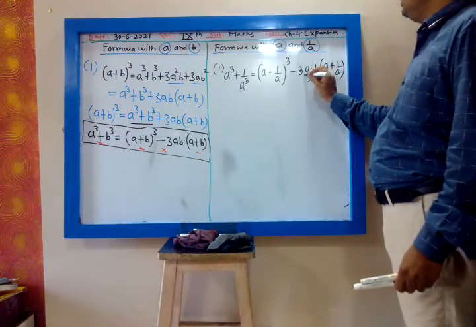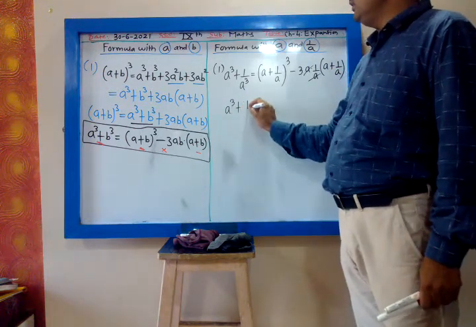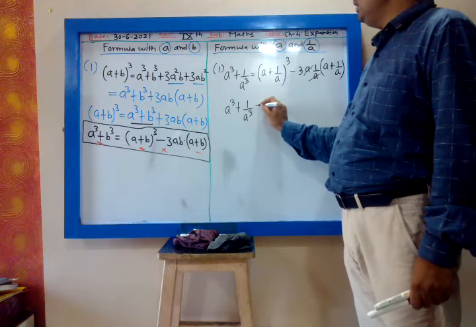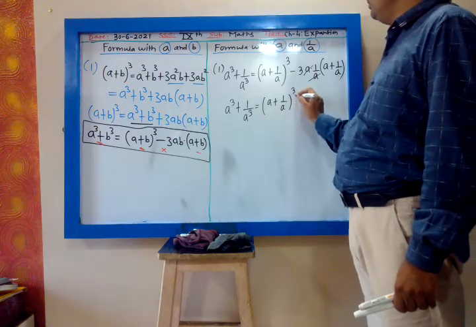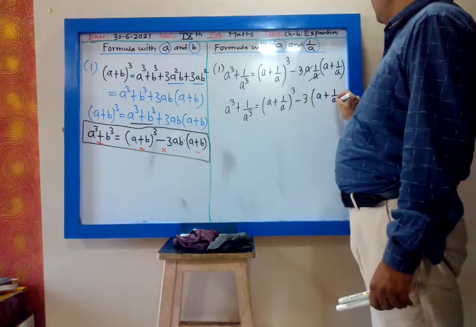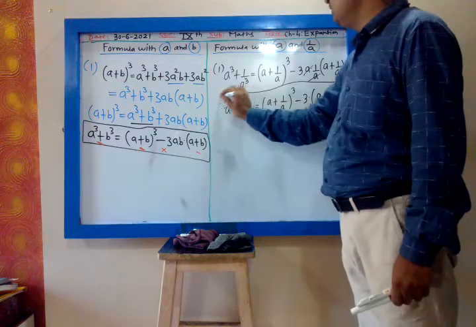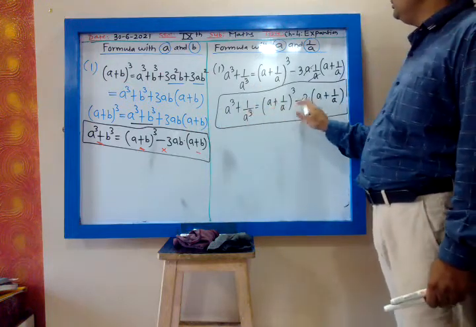So a gets cancelled. The formula is (a + 1/a) whole cube minus 3 into bracket (a + 1/a). Again remember, whenever it is plus sign, inside bracket plus, outside minus.